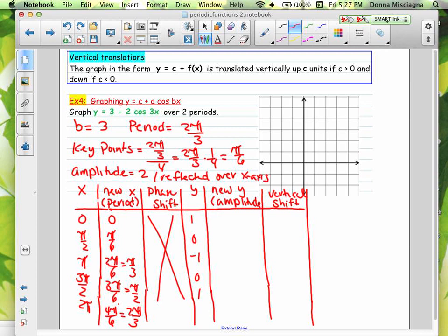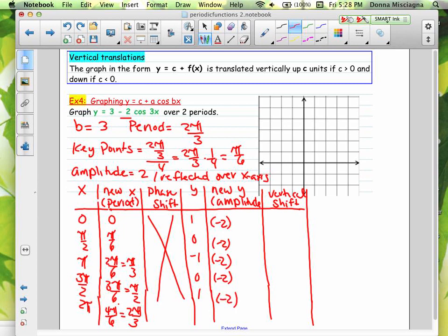So let's do both things at once and multiply everything by -2. So hopefully you realized that there's our amplitude change. It's the coefficient in front. So just multiply everything by -2. There we go.